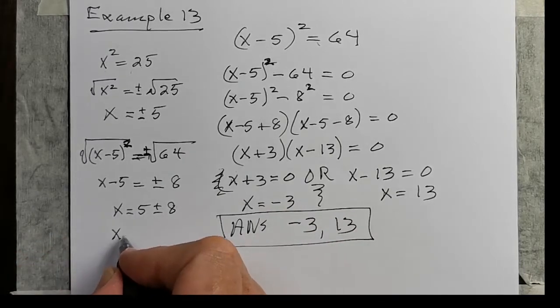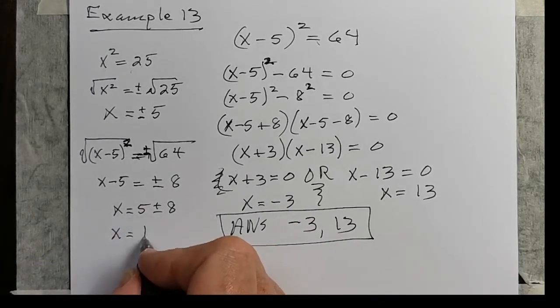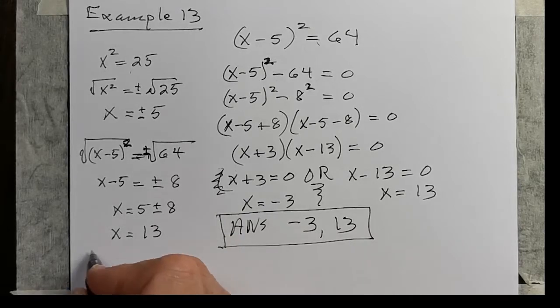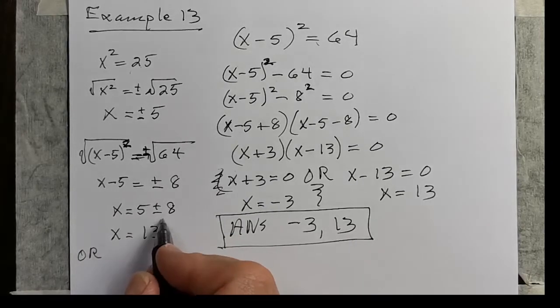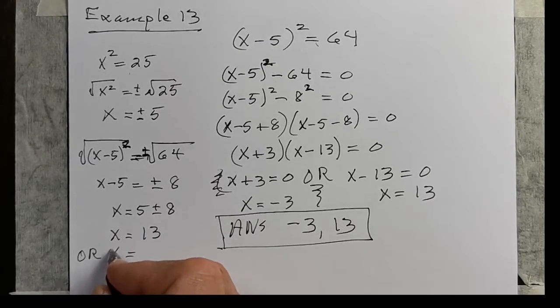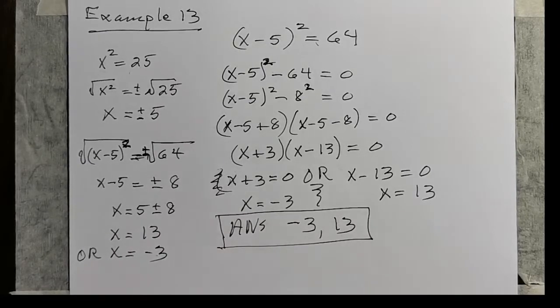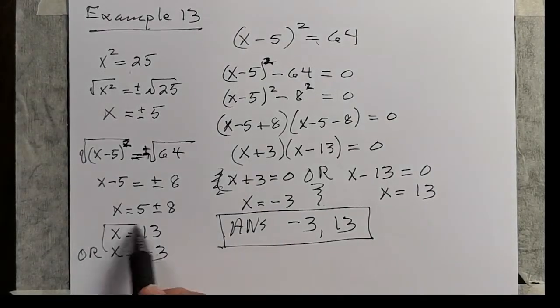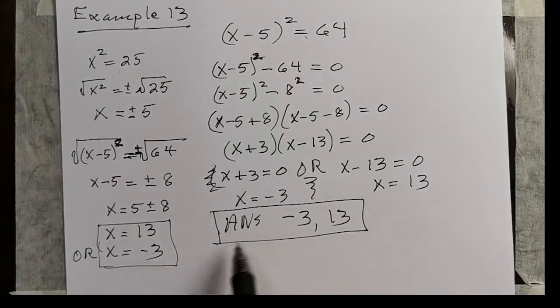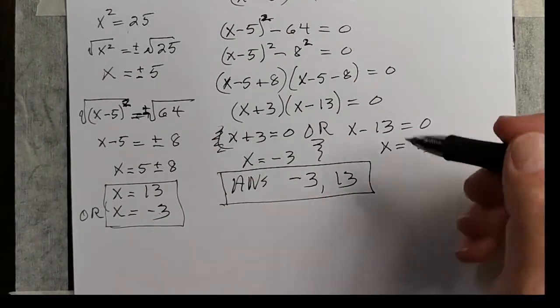Interesting. What is 5 plus 8? 13. Or what is 5 minus 8? Negative 3. Notice these answers here are exactly what we had using factoring.